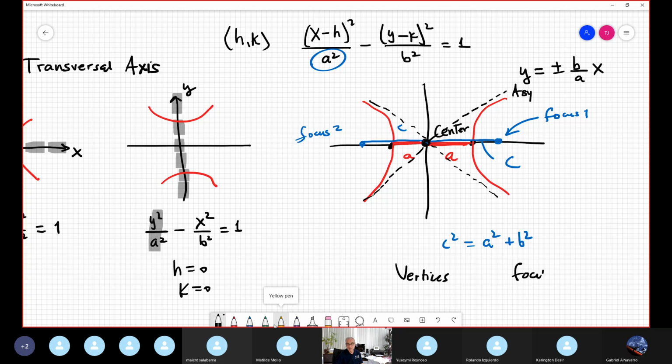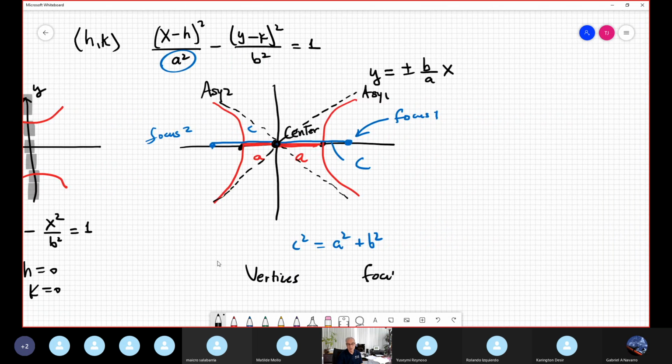Asymptote 1 is positive slope, asymptote 2 is negative slope. It's the same value, but plus or minus. In the general case, when the center is not 0,0 but h, k, one of the formulas for the asymptote is, the classical way to express it, y minus k is equal to plus or minus b over a, parenthesis x minus h.